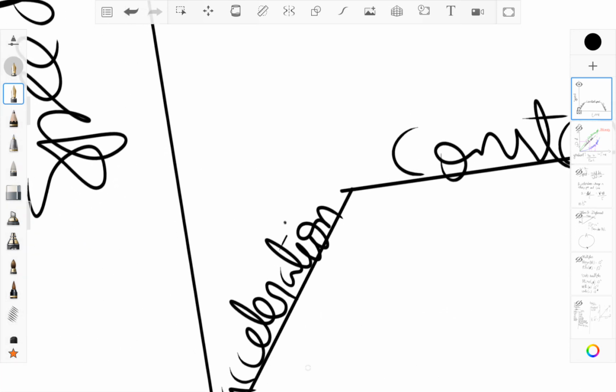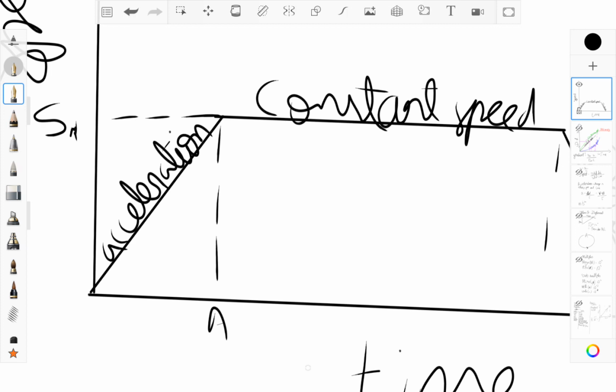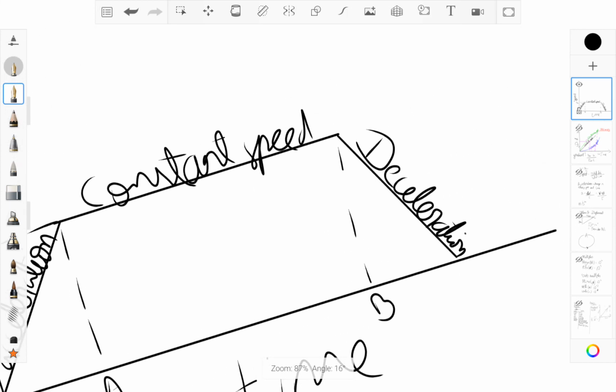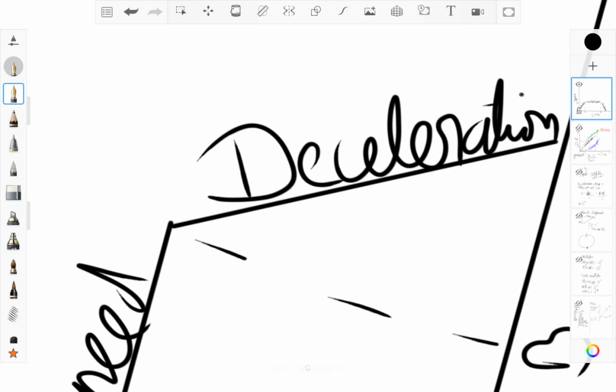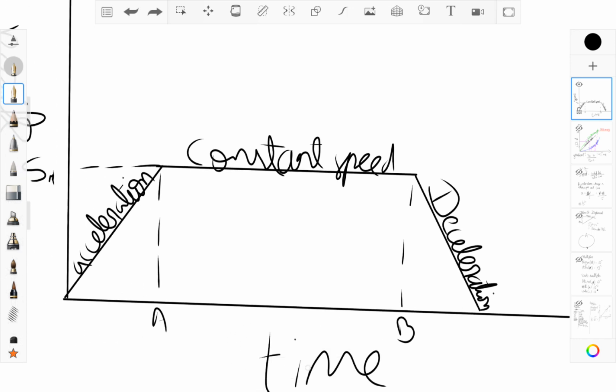Basically, you can see that if I were to draw a dotted line, let's say this is S1. So between, let's say, A and B, the speed of the moving body is S1, which is a constant speed. Hence we say that the straight line shows constant speed in a speed time graph, and a downward facing slope like this shows deceleration. Now, there are two things that I didn't draw here.